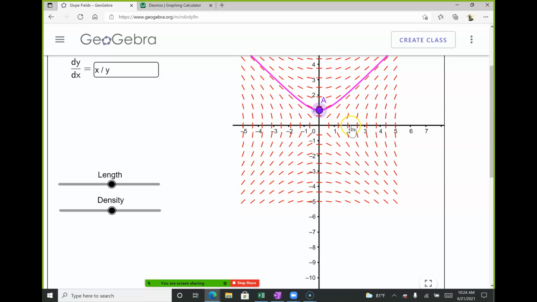Let's see if I can find one at 2, 2. Here's the ballerina point, right there. Can you see the hand on my slope field? It's pointing to the ballerina point, which is a joke, 2, 2. At 2, 2, I'm doing 2 divided by 2, which is 1. So anywhere x and y are equal, you see that whole slope of 1.